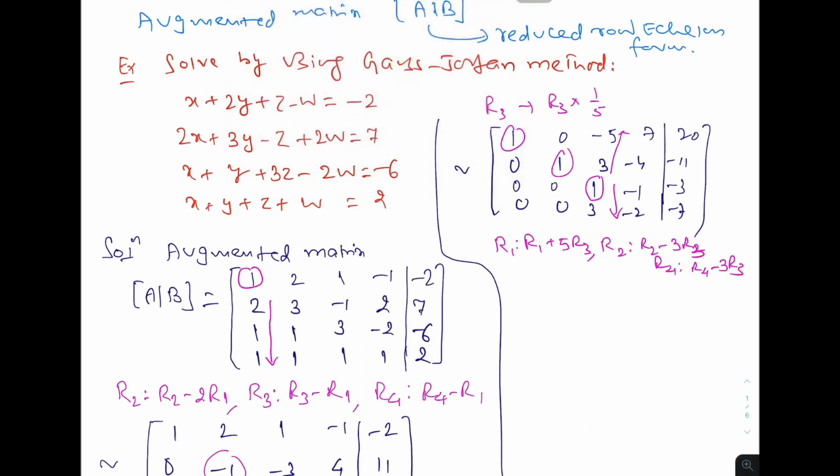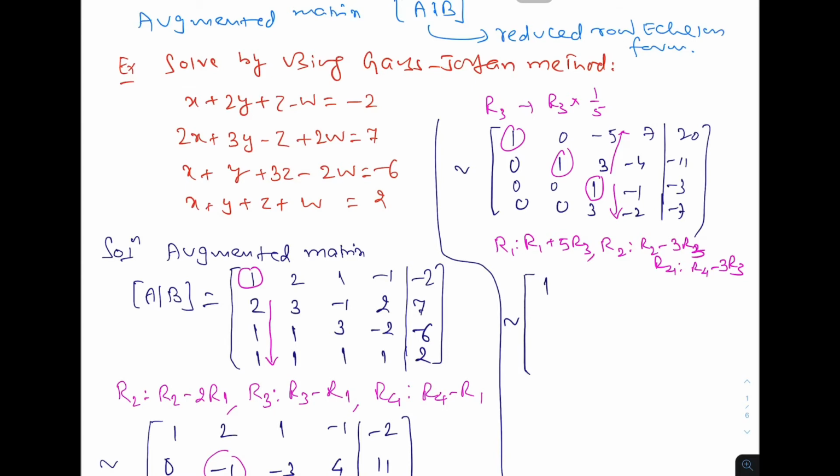Okay, so R1 is R1 plus 5R3, so multiply 5 here, add here.